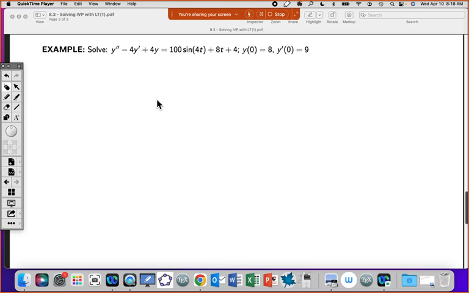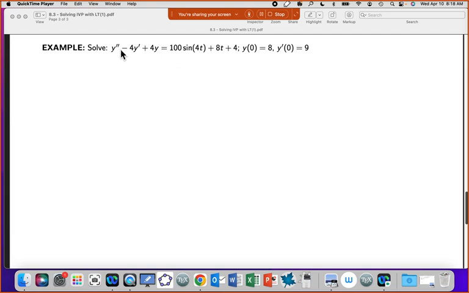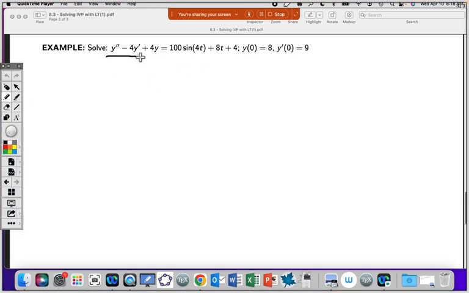So let's take a look at this one. We've got y double prime minus 4y prime plus 4y equals 100 sine of 4t plus 8t plus 4, and then we got our initial conditions. And once again, it might be good, something you could do in the privacy of your own home. This is something that we could actually solve with chapter 5.